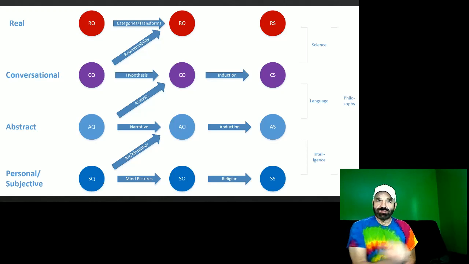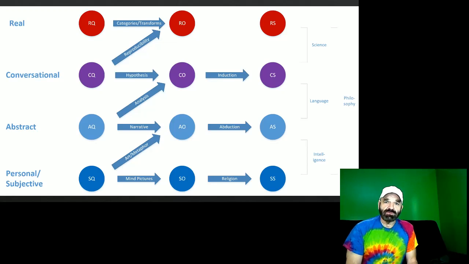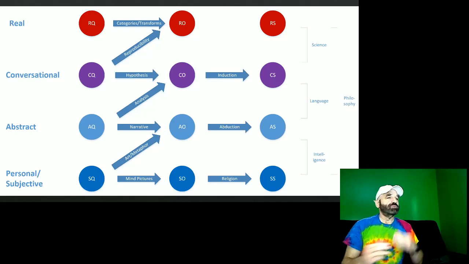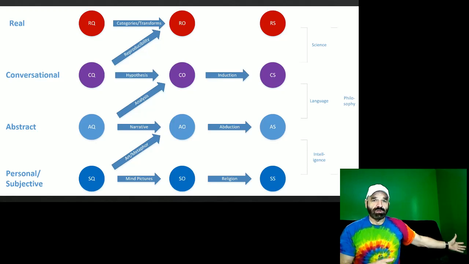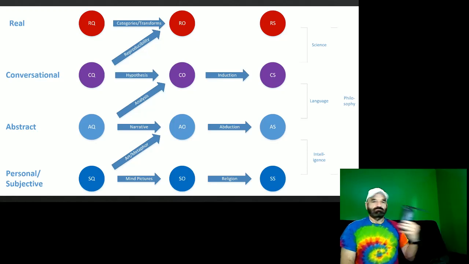We have the personal subjective, which your dog can probably do. And then we have the abstract, which is what humans do. Your dog probably also does this to some degree, and that is reasoning about things in the abstract. I sense some qualities about this box here. I feel it. I see a shape.